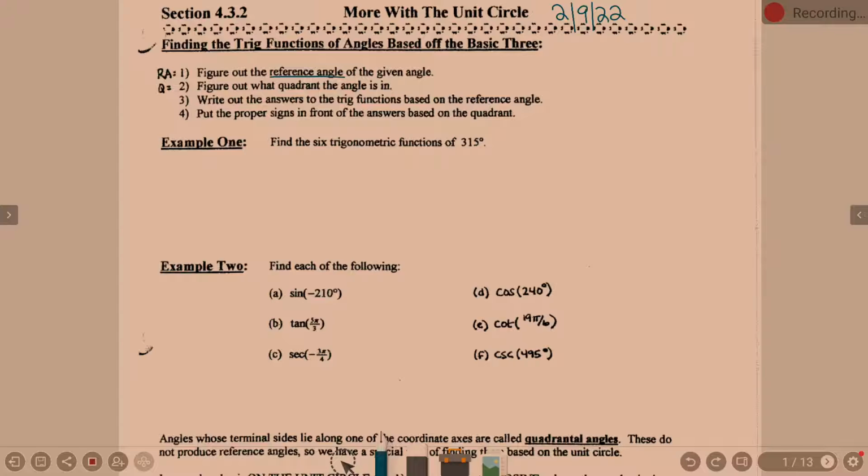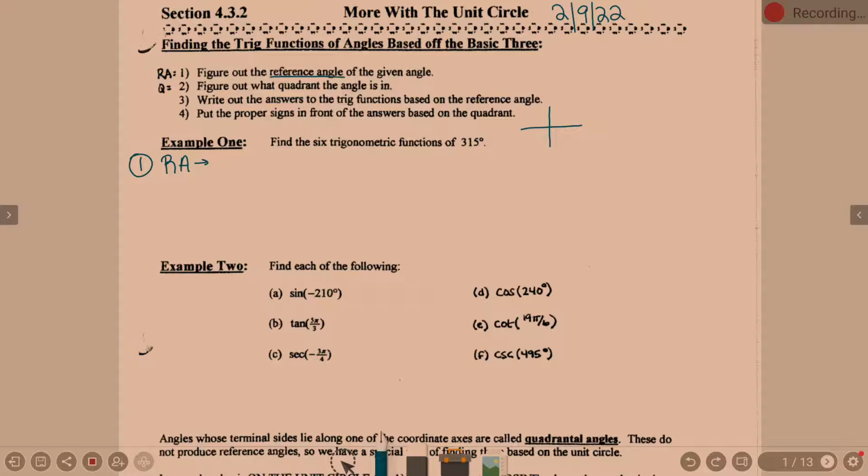So that's what we need to find first. How far is 315 degrees from the x-axis? This is where I don't necessarily encourage the unit circle right now. You've got to learn to think logically with the unit circle. 315 degrees, can you figure out where that is in your brain without looking at the unit circle?